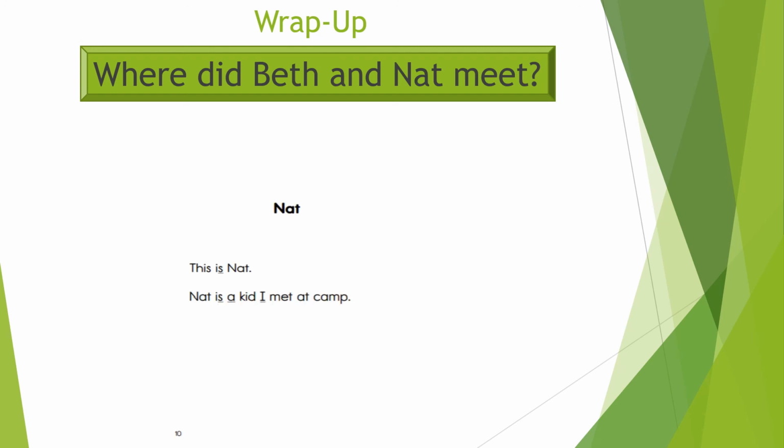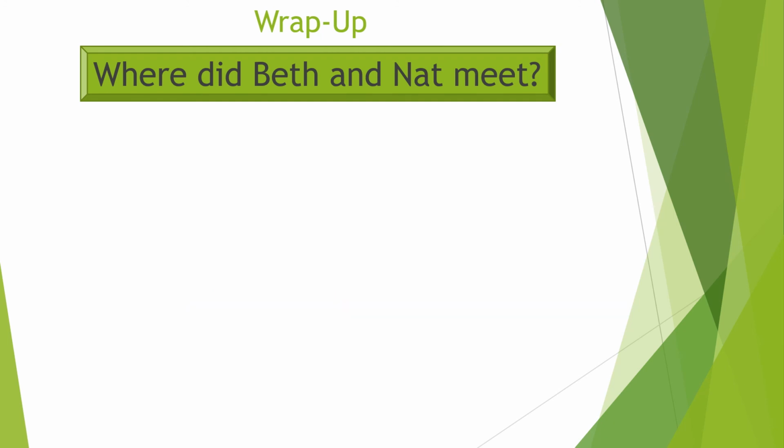If we think about page 10, it says this is Nat. Nat is a kid I met at camp. So Beth and Nat met at camp. This is the sentence that tells us our answer. Nat is a kid I met at camp.